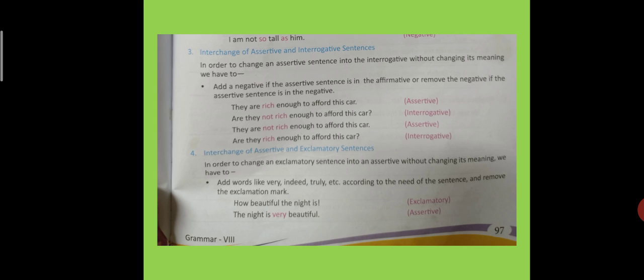In short, for example, in the examples you see, they are rich enough to afford this car. This is what? This is an assertive sentence.